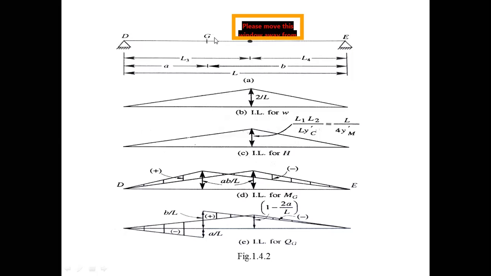At any section on the girder is placed G, located at a distance a, and the remaining part b. The third hinge is kept at a distance L3, and the other part is L4, with a total of L. Are you understanding, students?